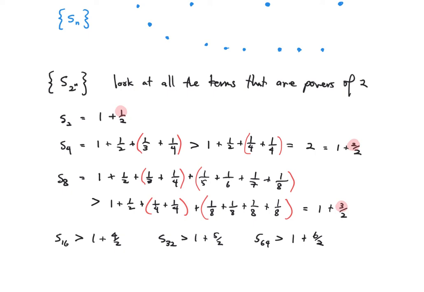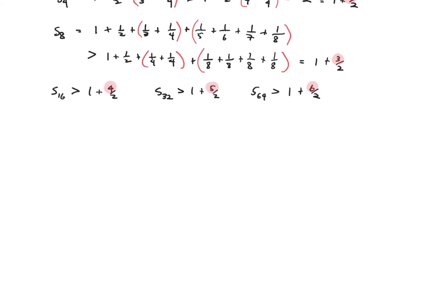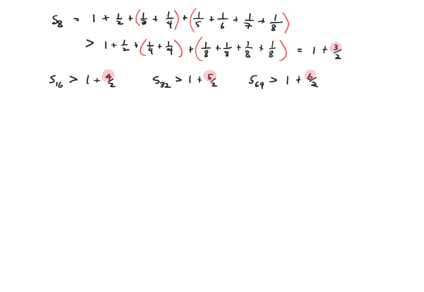I hope you can see the pattern. We can always look at our subsequence and see that we have a lower bound for each of those terms of that subsequence.